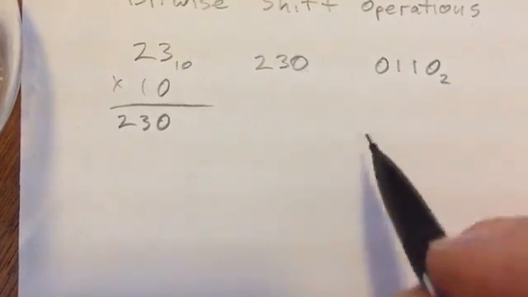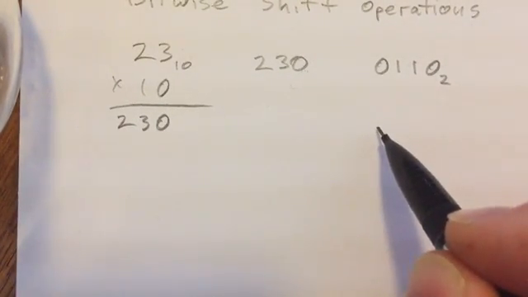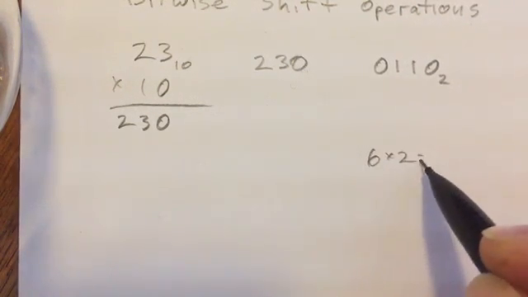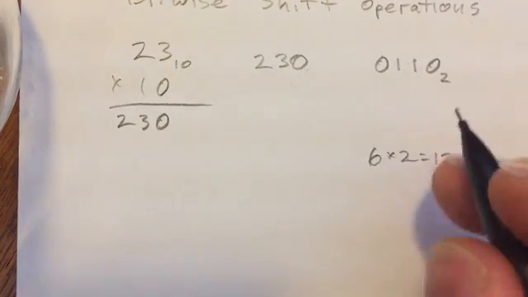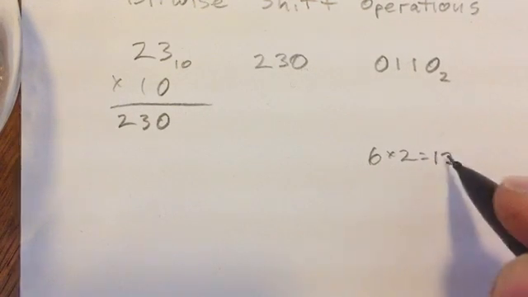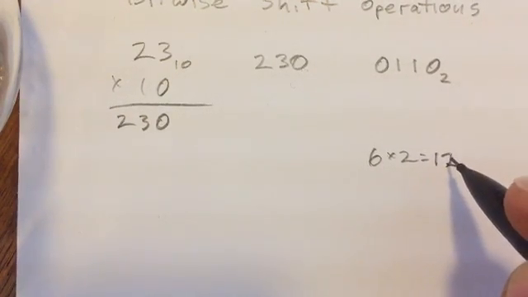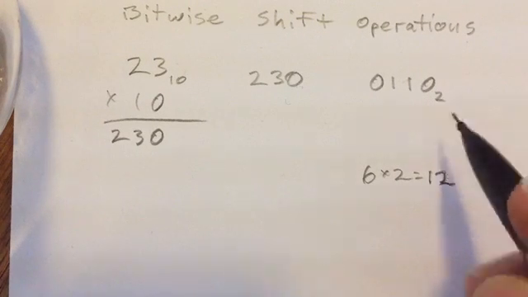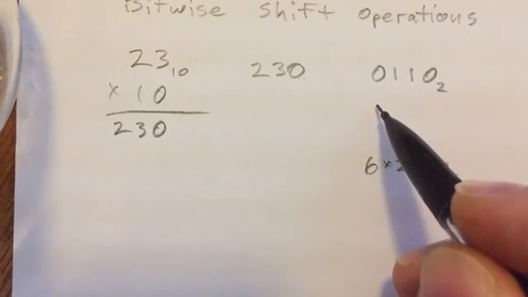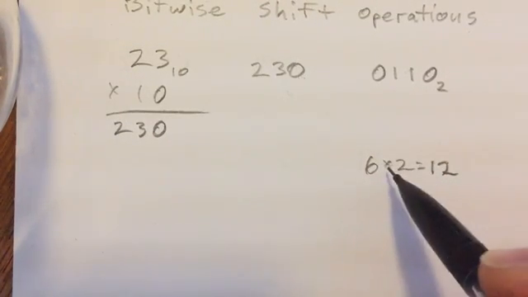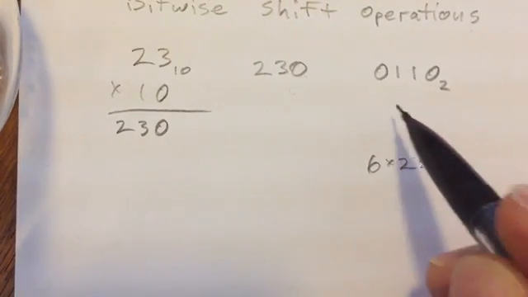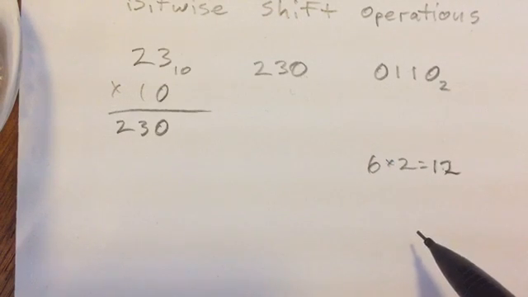And we all know what 6 times 2 is. Let me write it down here. 6 times 2 is 12 from our multiplication tables. And we want to get 12 without having to go through a big subroutine in our nice MIPS architecture. So how do we go from 6 to 12 without going through that subroutine? Well, here's how it's done.